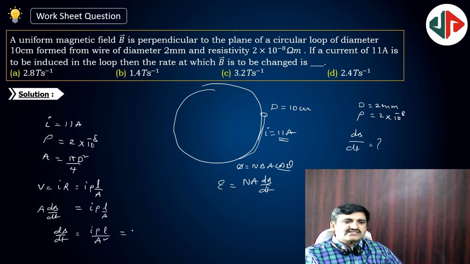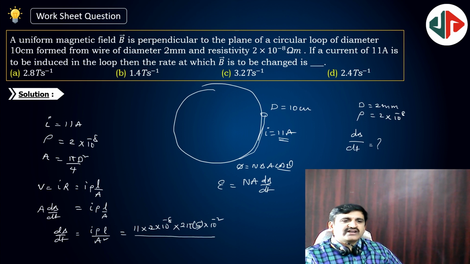I rho L by A square. I value 11 amperes, rho value 2 into 10 to the power of minus 8, L is 2 pi R, which is 5 centimeter, 5 into 10 to the power of minus 2, by A square.